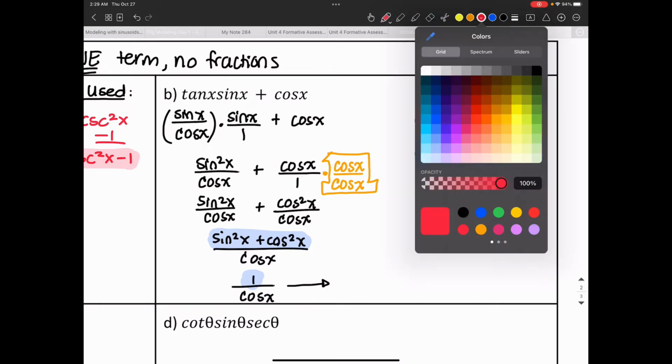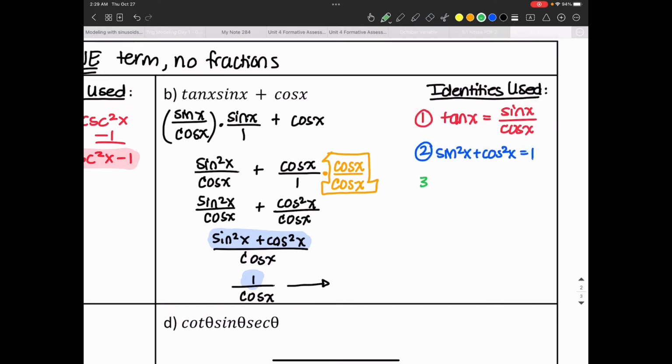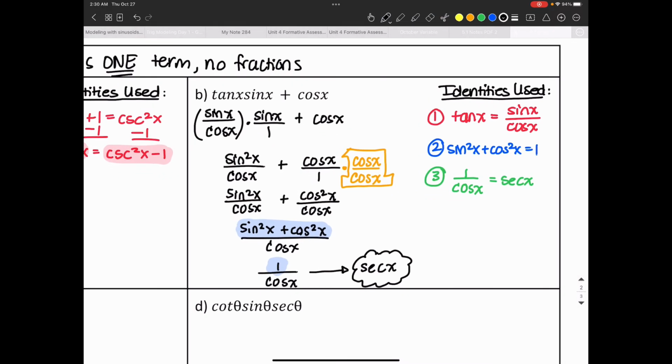A third identity that I know is that 1 over cosine of x, because I don't like fractions, is equal to secant of x, the reciprocal of cosine. So I can say that my final answer is one term, and it's just secant of x. And that's my answer. So I just rewrote 1 over cosine of x as just secant of x by itself.